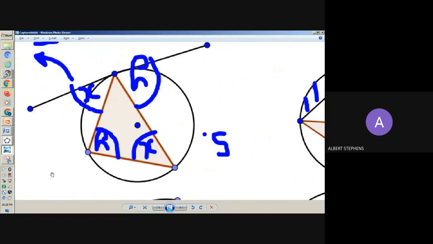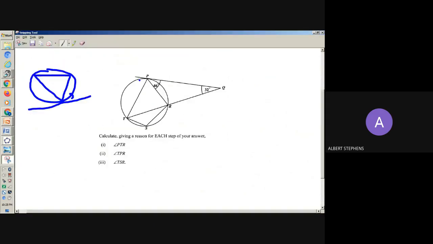Let me show you. This is the triangle. And that is the what? The tangent. So diagram 2 is in there, sir.